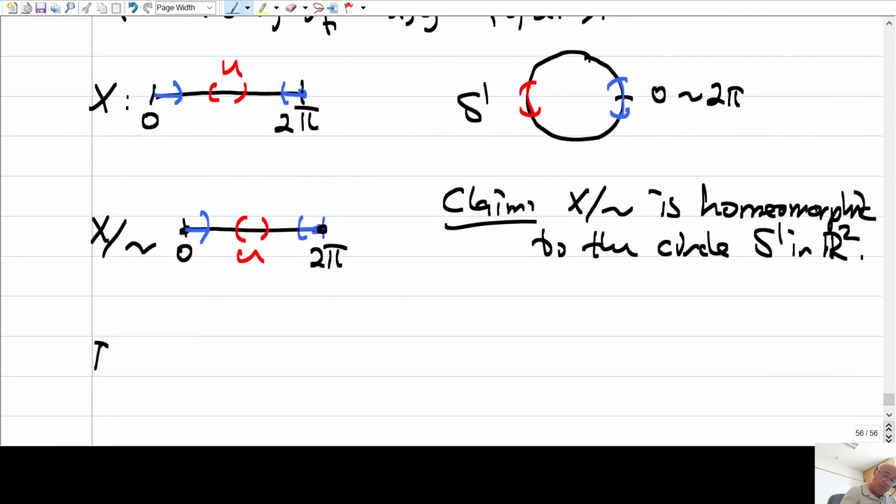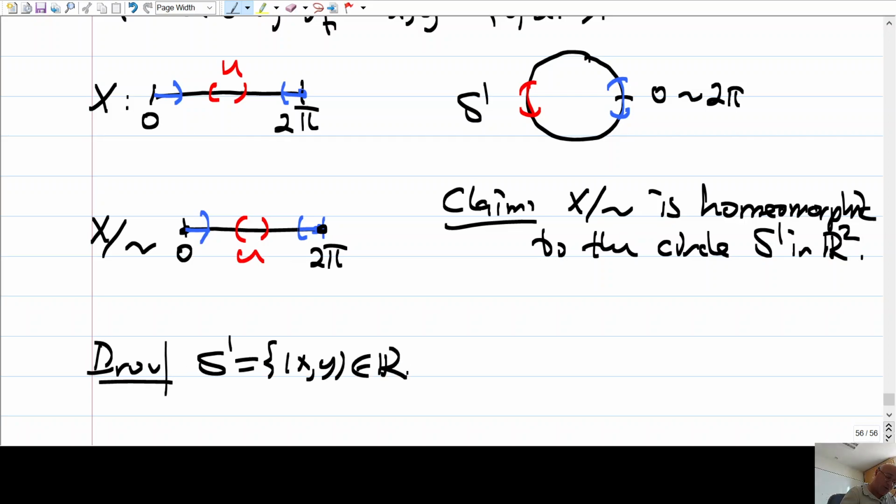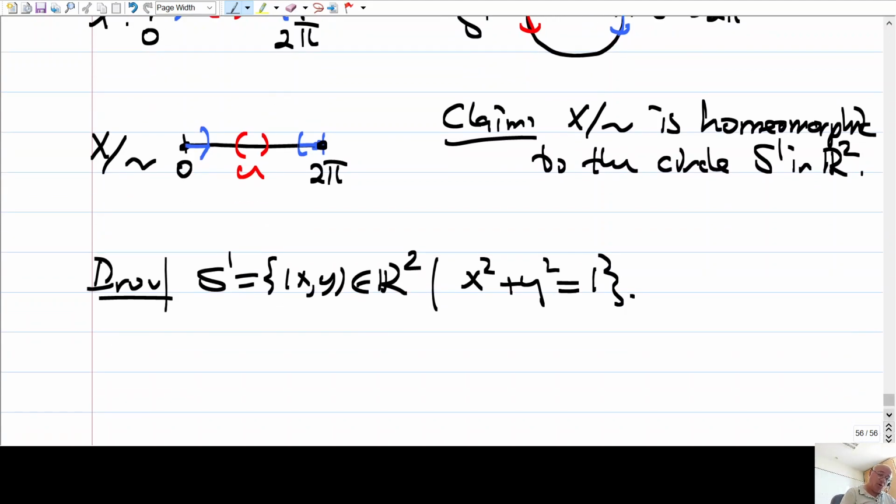So what we mean by the circle is the set of (x, y) in R2 with the subspace topology, x squared plus y squared equals 1. Well, I have to find the homeomorphism. How do we do this?